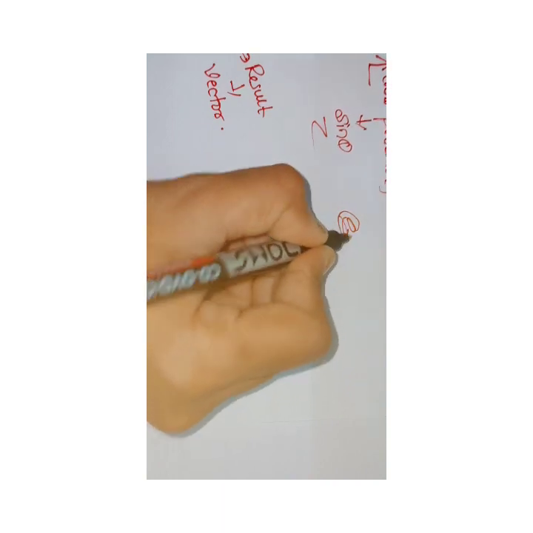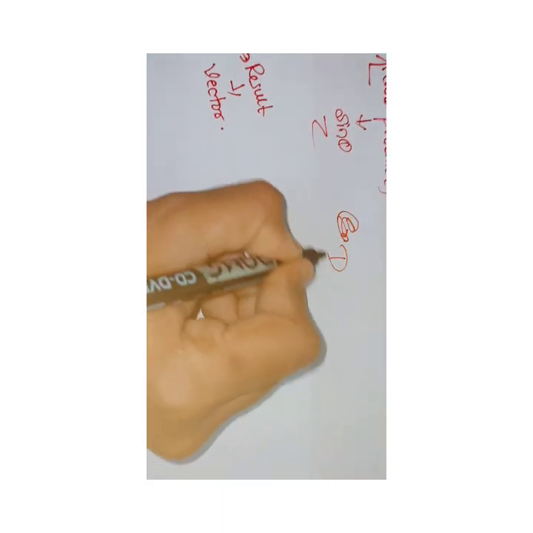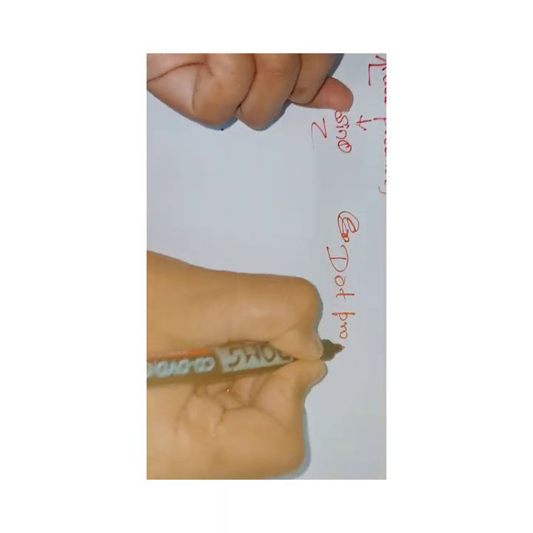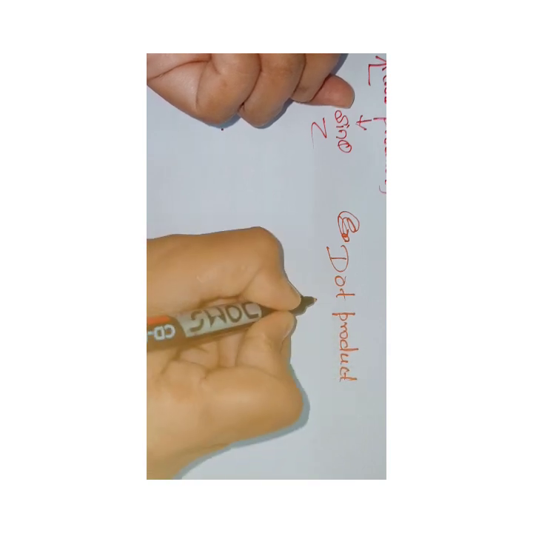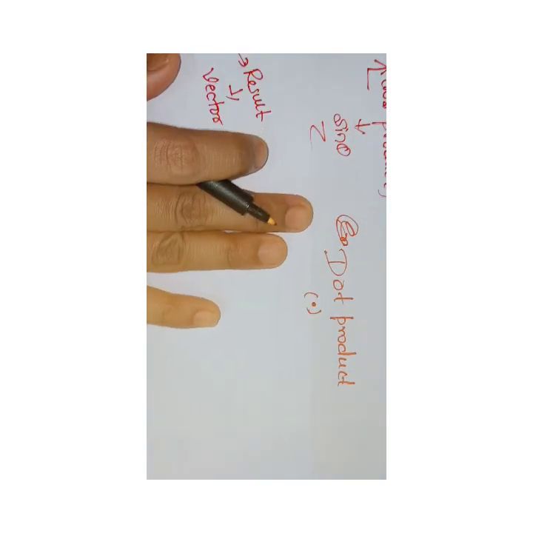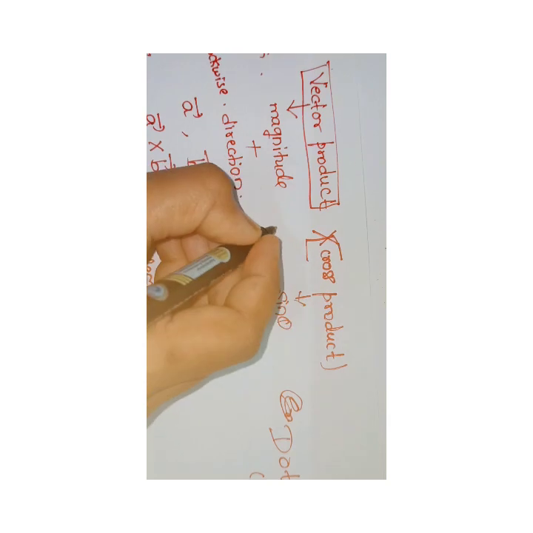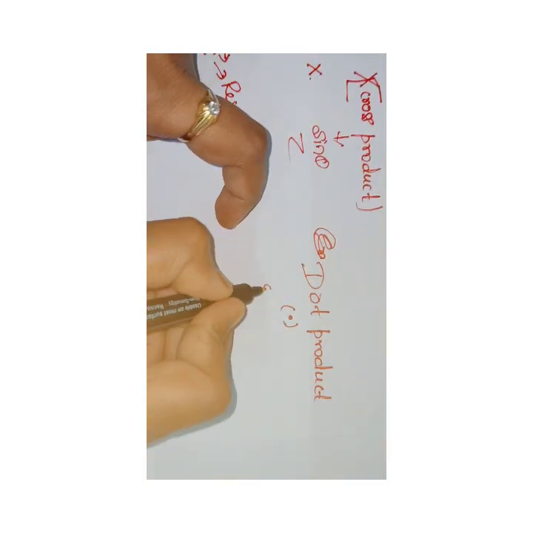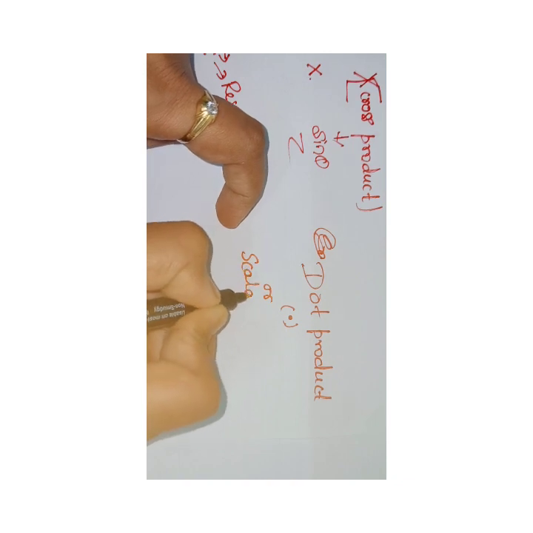Sorry, not cross product, dot product. So for dot product its symbol is dot, and for vector product the symbol is cross. Dot product you can also say as a scalar product.